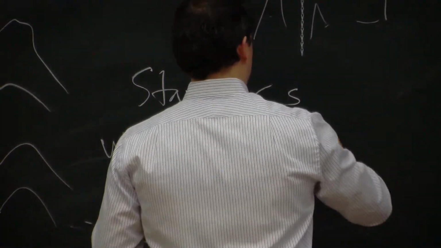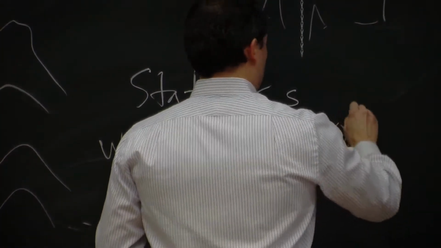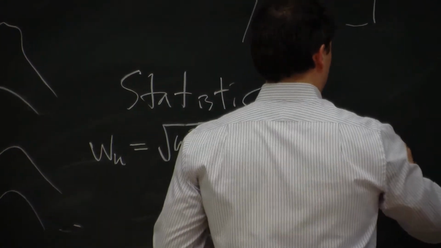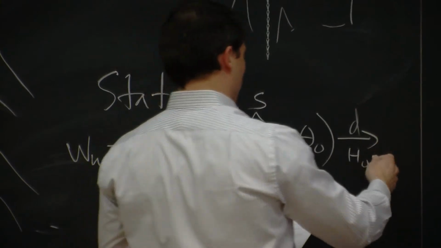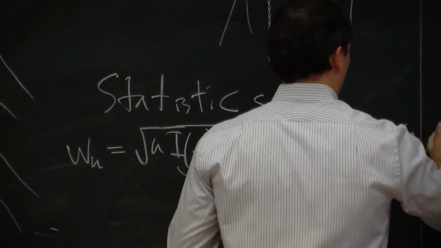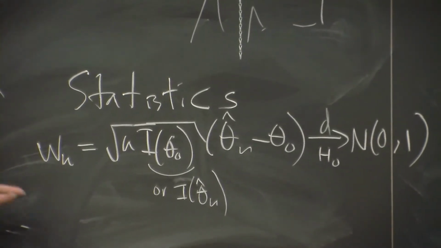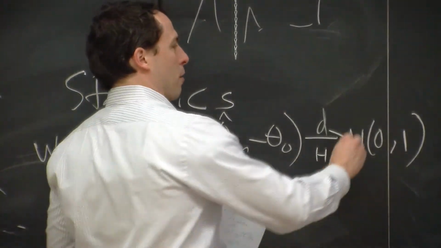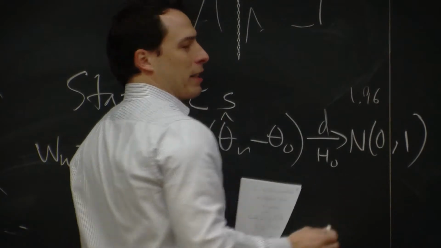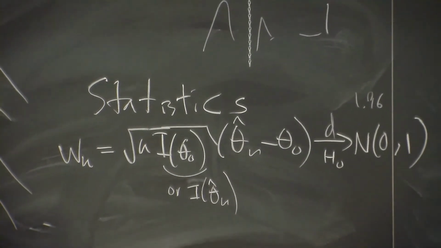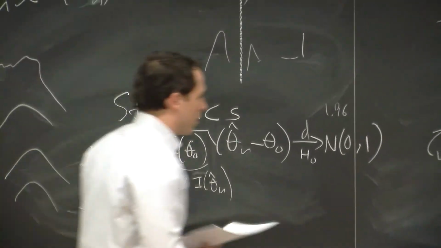That times the difference between the MLE and the true value under the null hypothesis, in the sense of convergence of probability distributions, goes to N(0,1). It's just restating this essentially. And so this is why we can say, if we want to do a test, we can use the values that come from the normal distribution. Right?